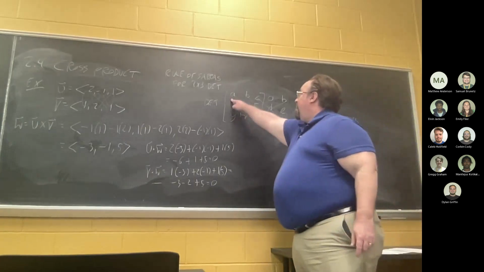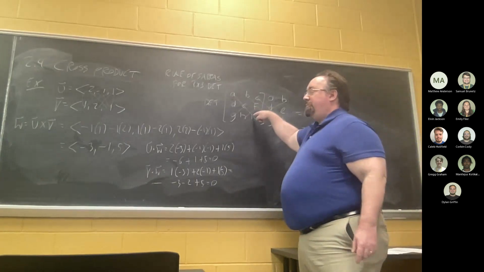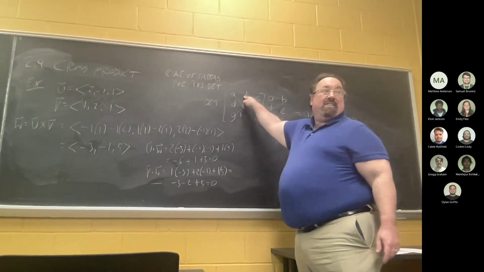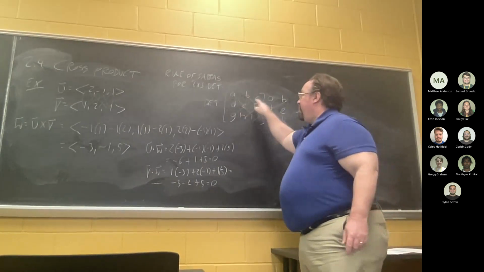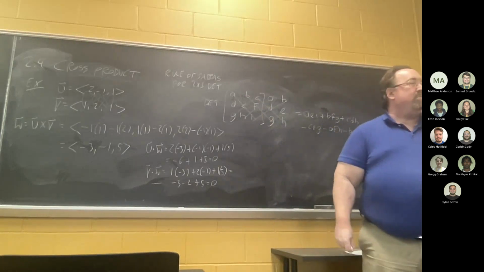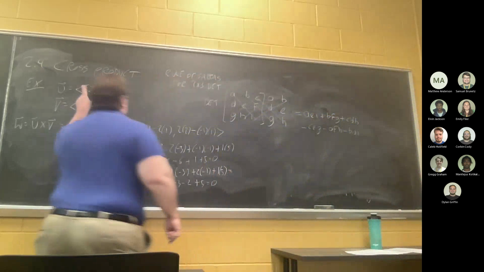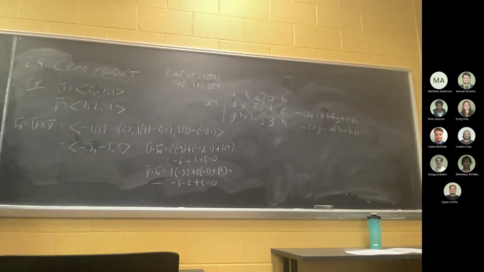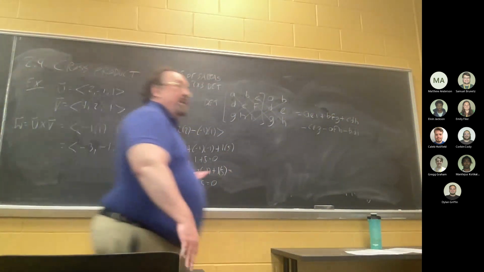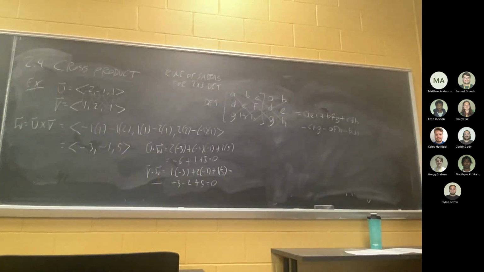I take this element times the 2 by 2 determinant minus this times the 2 by 2 determinant. That's why it's going the other way. It comes from what's called a cofactor expansion of a 3 by 3 determinant. That's why it's the only one that has that reversal.